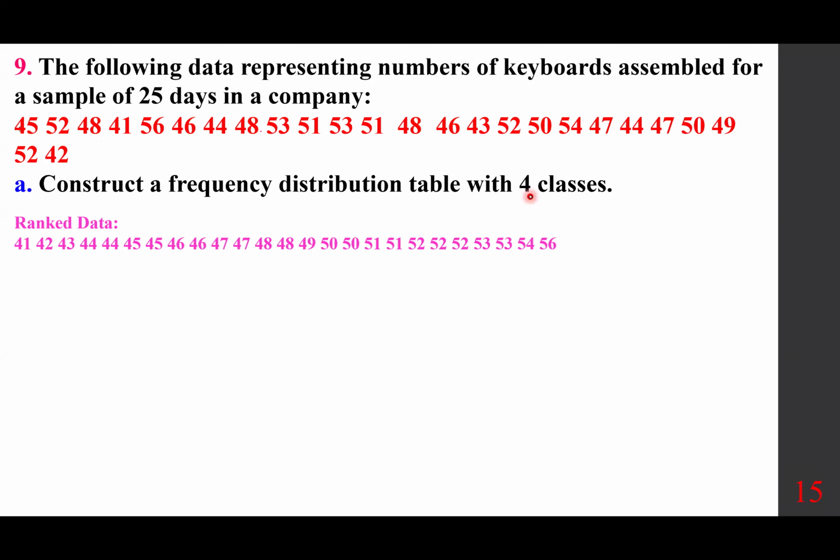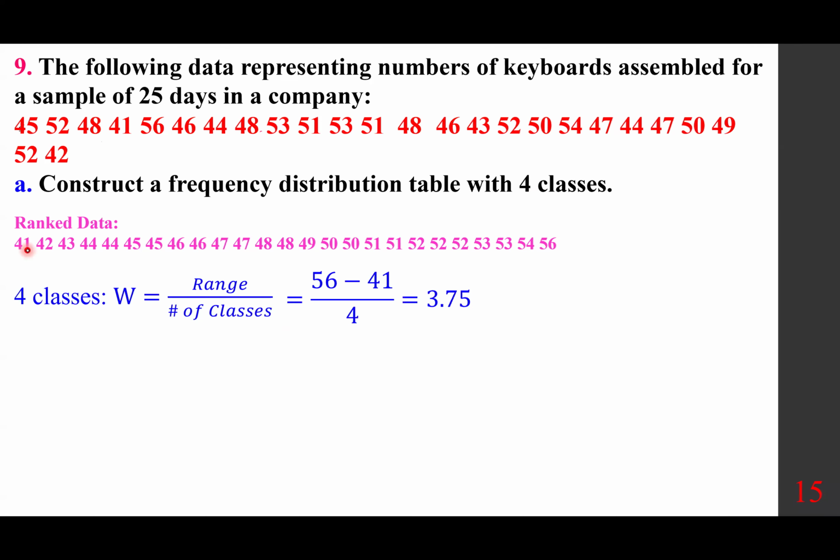You need to find roughly what the width is. You calculate the width by dividing the range by the number of classes. Now, what is the range? The width is range divided by number of classes, and it's always rounded up, and I'll tell you why in a moment. So range would be 56 minus 41 divided by 4 gives you 3.75. The reason you round up is because you want to cover every piece of data.